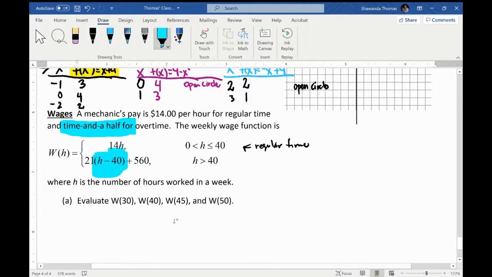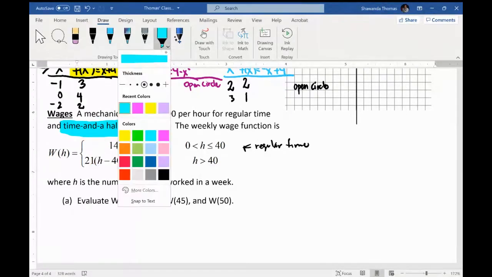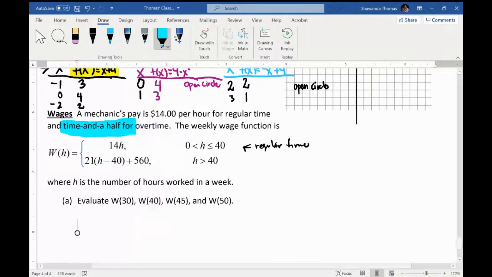That's why it's overtime. So if you work 45 hours, how many hours would be in excess? How much would be over? 5 hours. Very good.